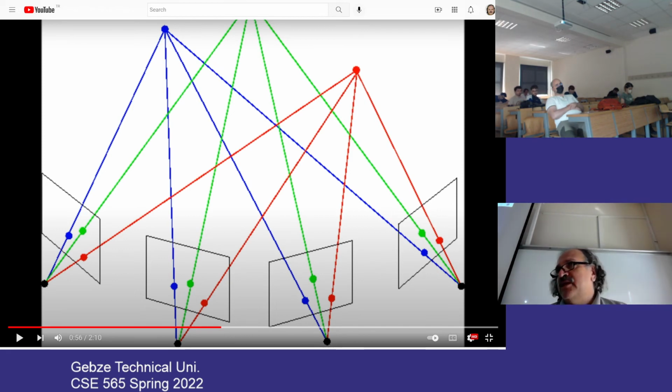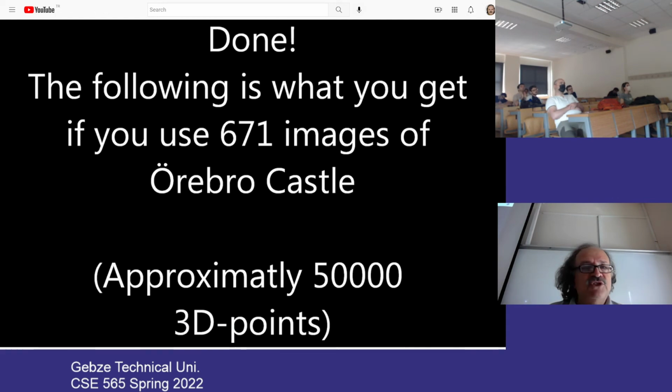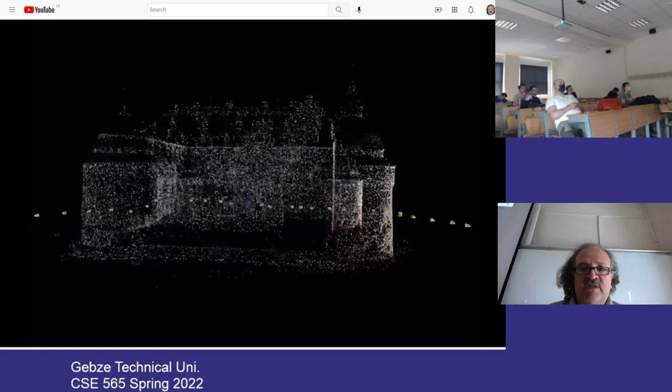That's not going to hold in the real world, but that will give you very nice initial starting positions for your numerical approaches. And after that you solve it. After your solution, you get your point clouds.